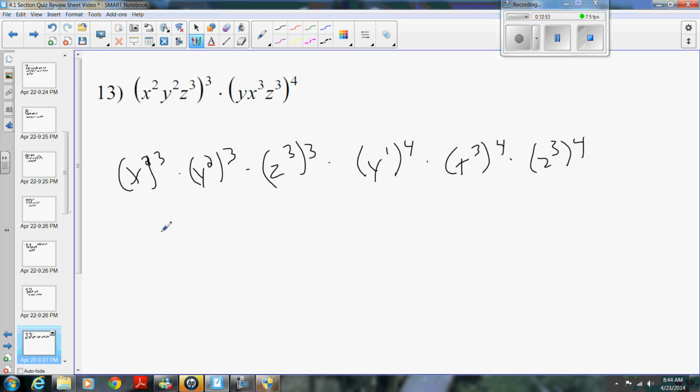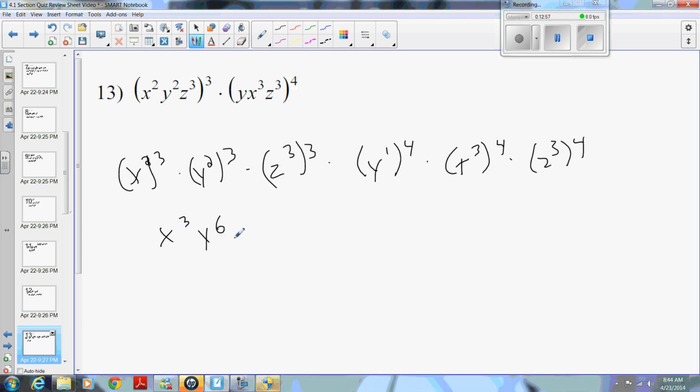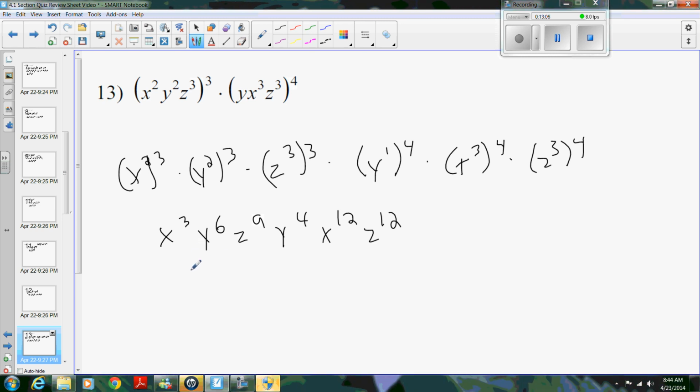Okay, so this becomes x to the third, y to the sixth, z to the ninth, y to the fourth, x to the 12th, z to the 12th. Now I just need to, and I'm going to rewrite this just so it's all clear.